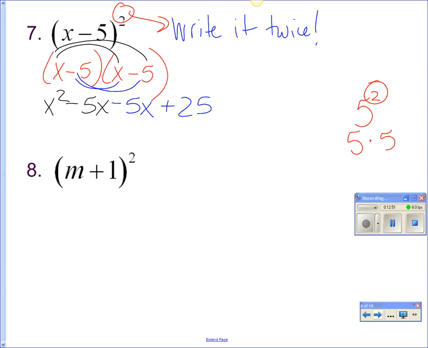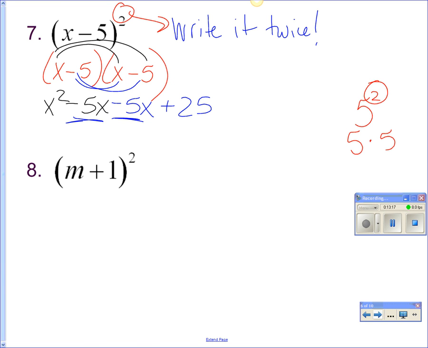All right. Jeremy, what's like terms on this one? Which two things both have an x? What else has an x? Negative 5x and negative 5x. Do they cancel? No, sirree. They do not.